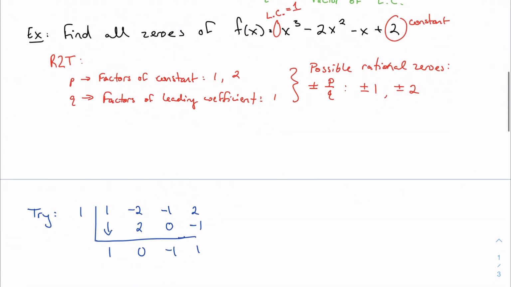So this doesn't look good. Oh, I see what I did wrong. Backtrack here, because 1 times 1 is not 2. So 1 times 1 is 1. -2 plus 1 is -1, -1, -2, -2, 0.